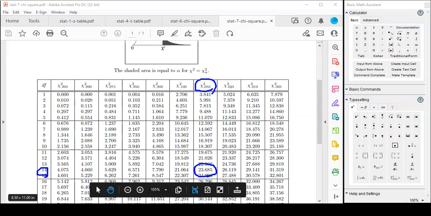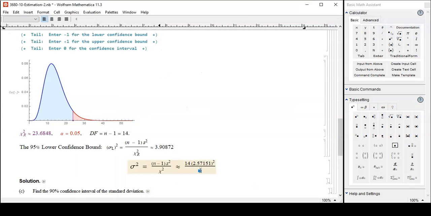So that is my chi-square value, 23.685. Again, you don't square it again. It's already from the chi-square table. So the chi-square value is 23.685.